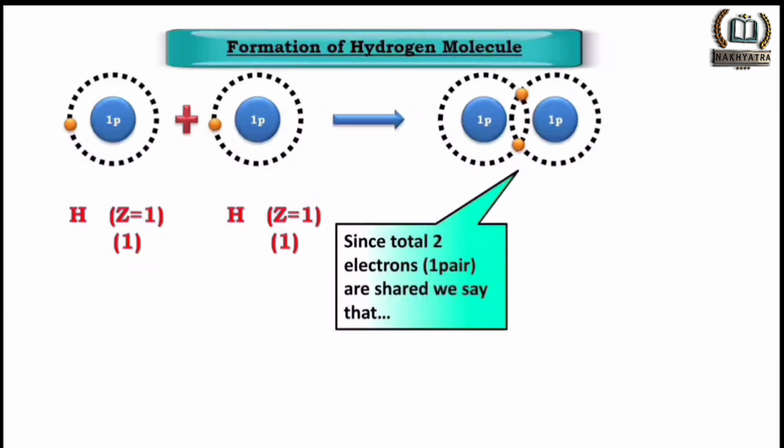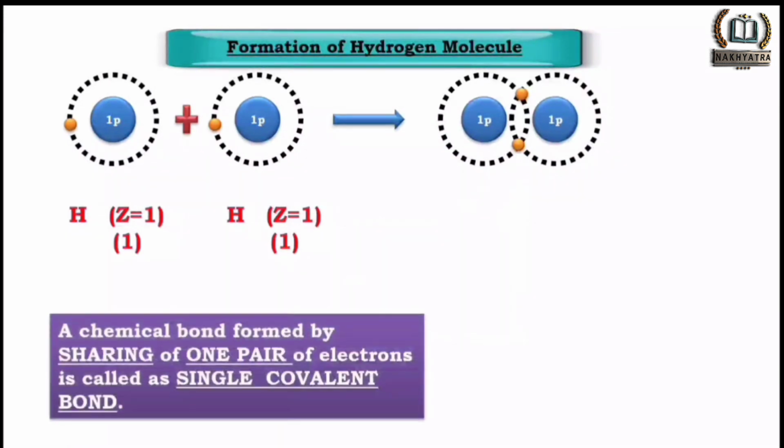Since a total of 2 electrons, that is one pair, are shared, we can say that a chemical bond formed by sharing one pair of electrons is called a single covalent bond. Is that clear? So when one pair of electrons, or 2 electrons, is shared, it is a single covalent bond.